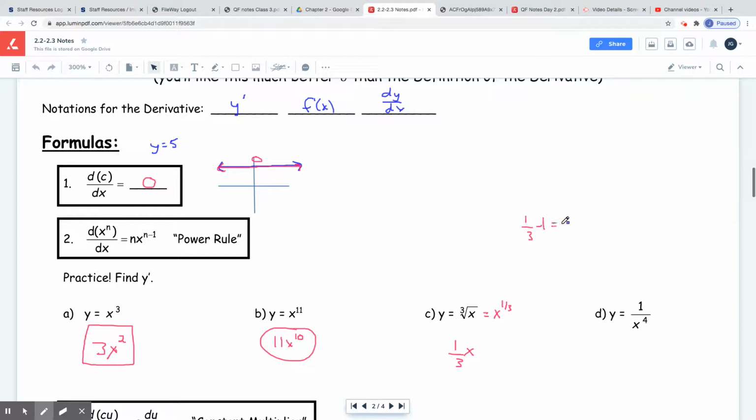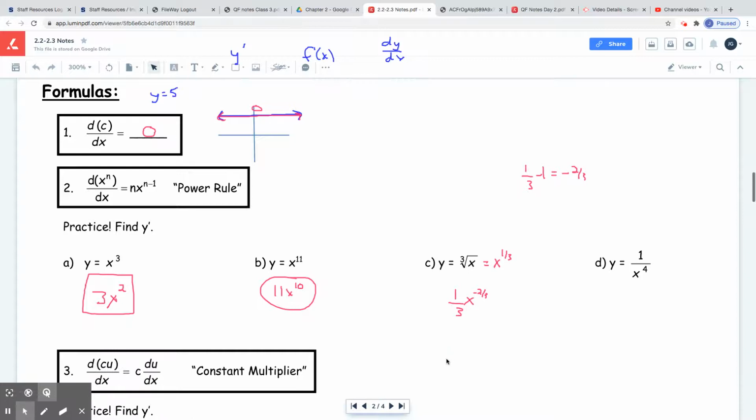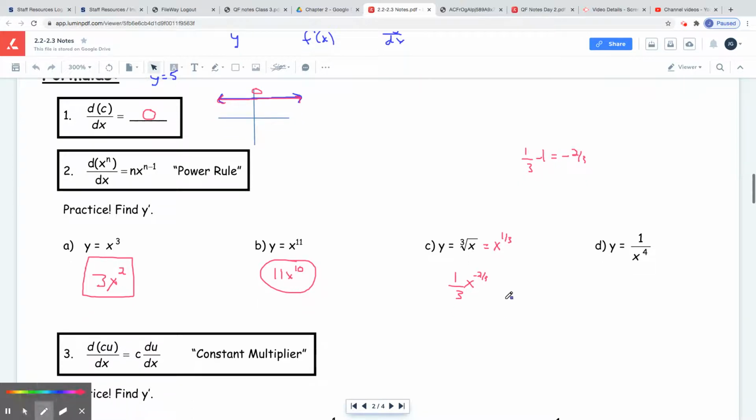It's negative 2/3. So I get 1/3 x to the negative 2/3. The problem is I am not allowed to have a negative exponent. To make a negative exponent positive, you just move it to the bottom. So this is 1 over 3 x to the 2/3.